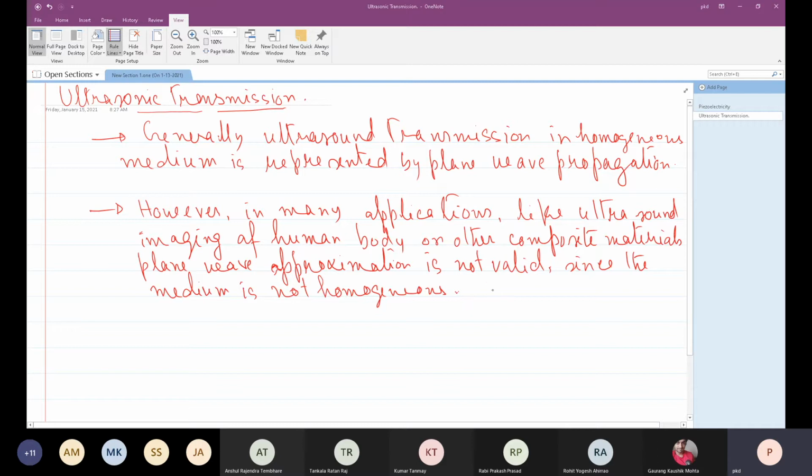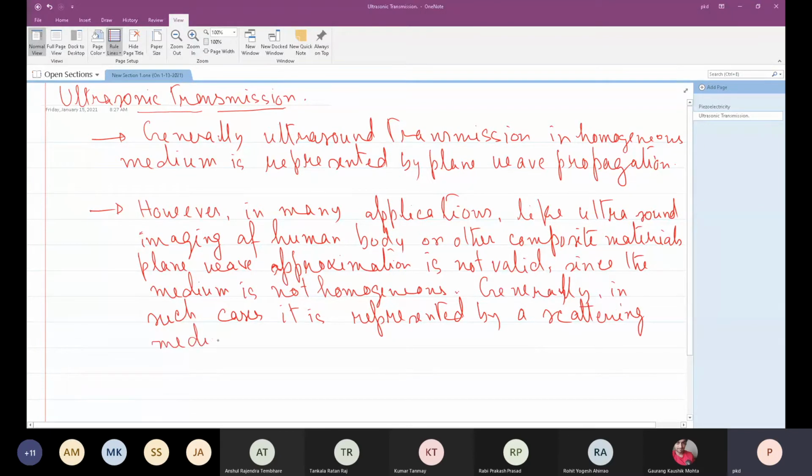So generally, in such cases, it is represented by a scattering medium with absorption.